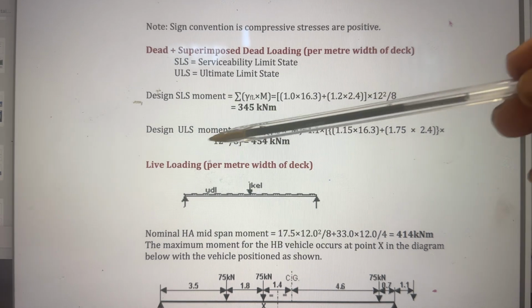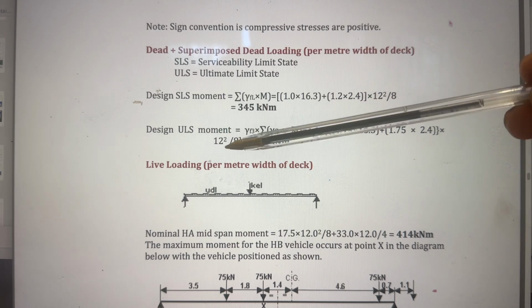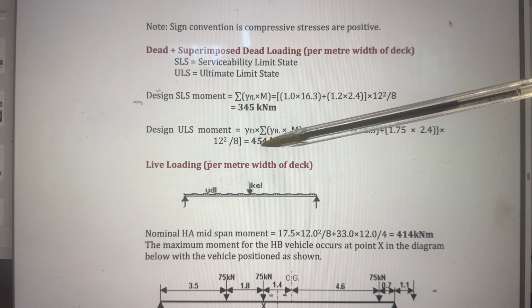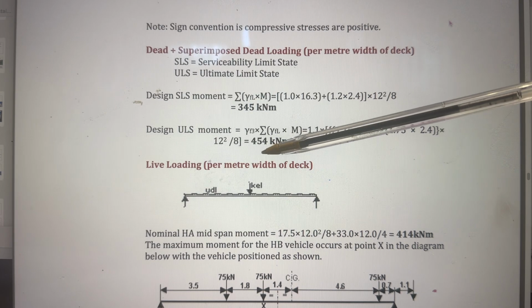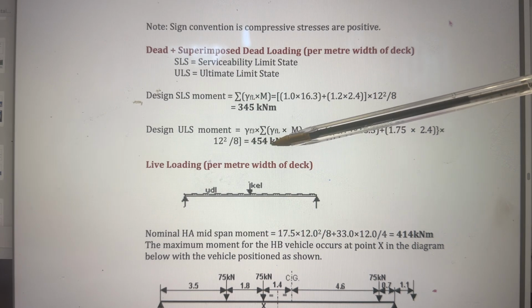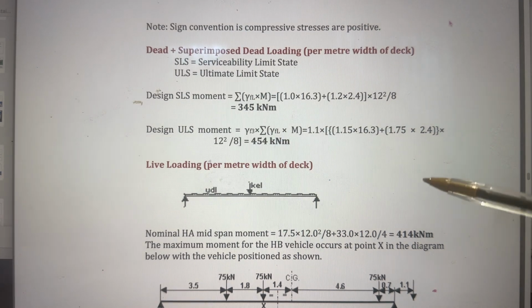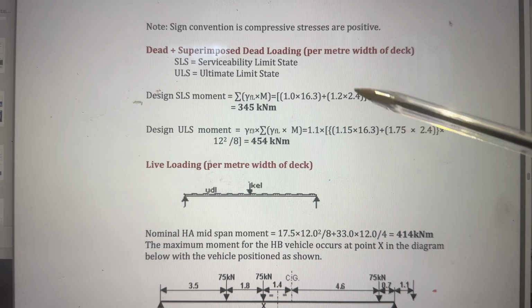The design ultimate limit moment, you calculate it. It is 454 kilonewton meter. Of course, remember in the calculation of moments, moment is always WL square over 8.